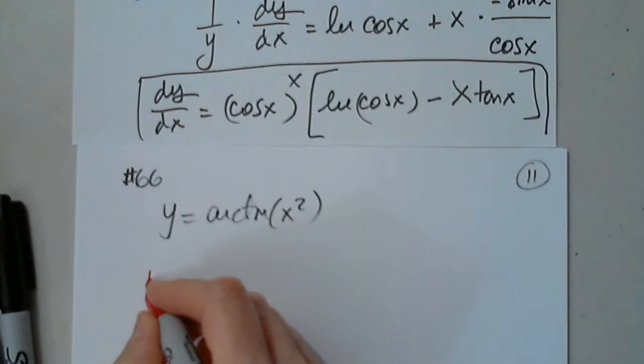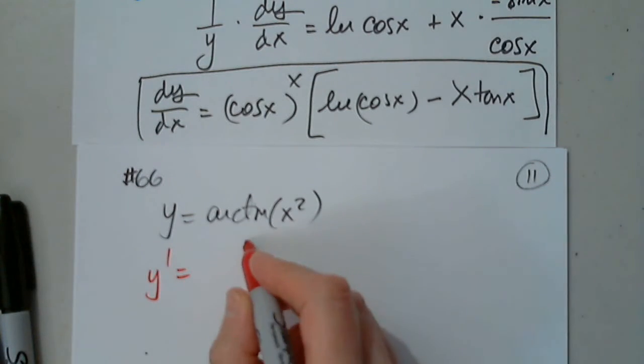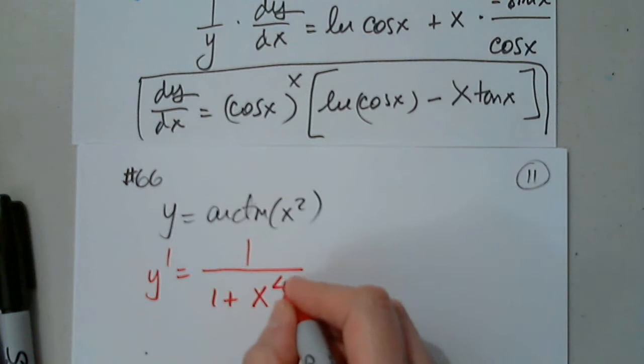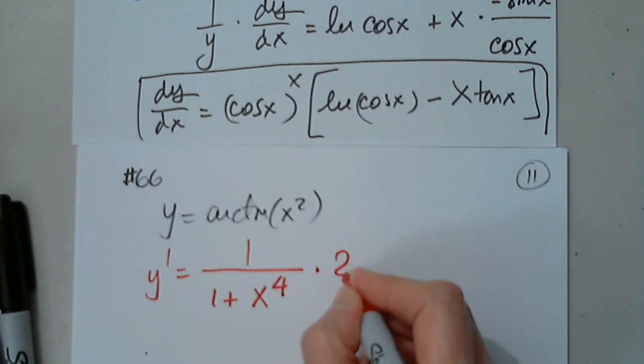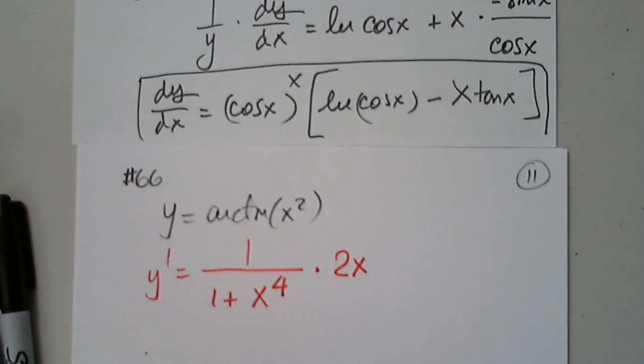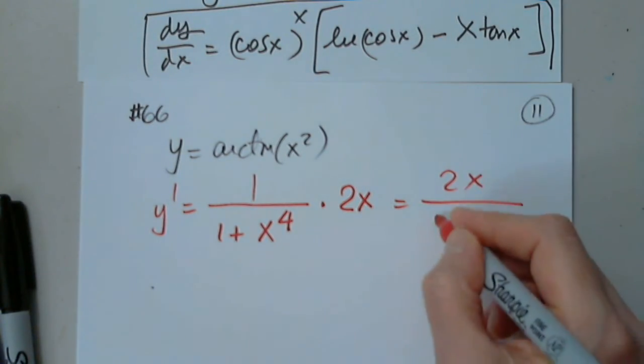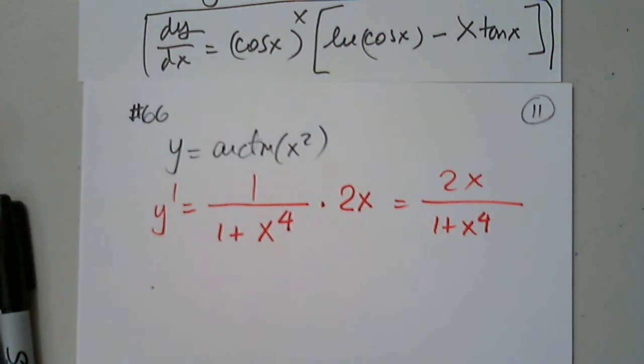So when we differentiate this, please remember, arctangent is 1 over 1 plus this squared times the inner function prime. Don't try to simplify, this is it. So this is 2x over 1 plus x to the 4th. That's it. Any questions?